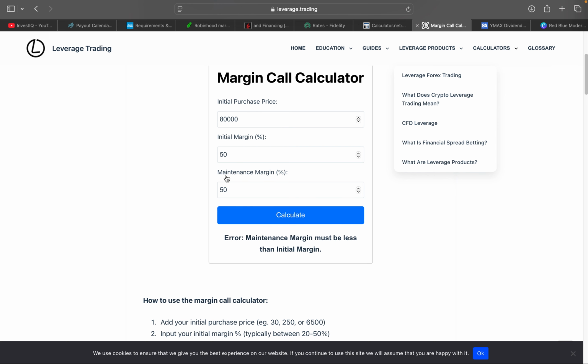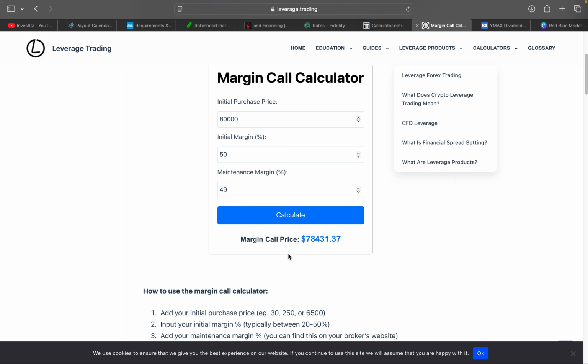You can see I can't even do it, so let's just put 49% for the sake of example. It's much harder to take out equity. I have $80,000 in purchase price and it's so close to what I purchased it for that I can barely take out anything. So again, the key here is low maintenance margin, low interest rate, because you want to use as much equity as you can to your advantage.